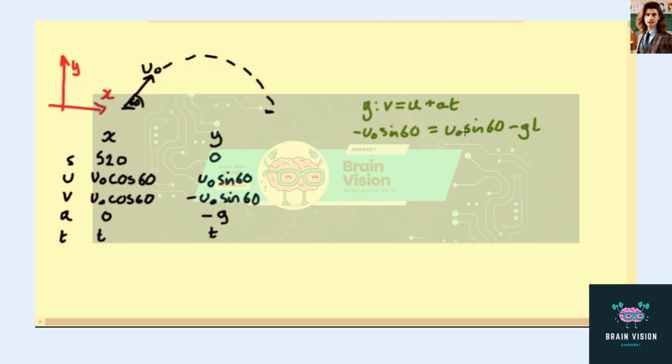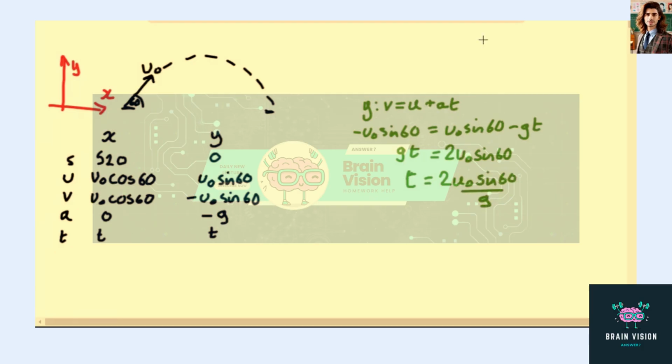Rearranging for t, we bring the u0 sine 60 across, leaving gt equal to 2 u0 sine 60, and therefore t is equal to 2 u0 sine 60 over g.